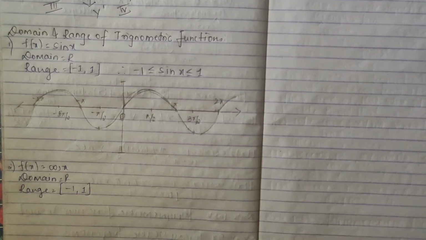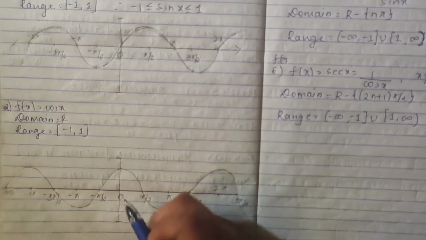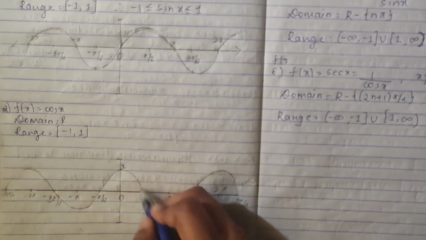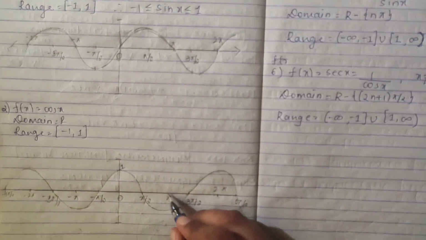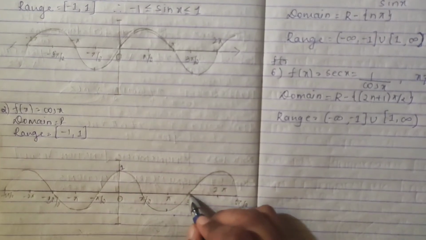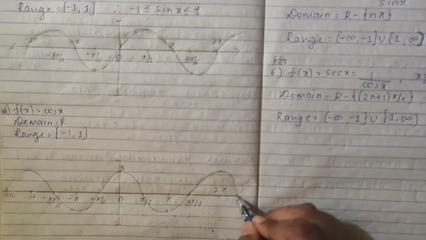For cos x also, in the graph, at 0 it will be 1, at pi by 2 it will be 0, at pi it will be -1, at 3 pi by 2 it will be 0, at 2 pi it will be 1, at 5 pi by 2 it will be 0.